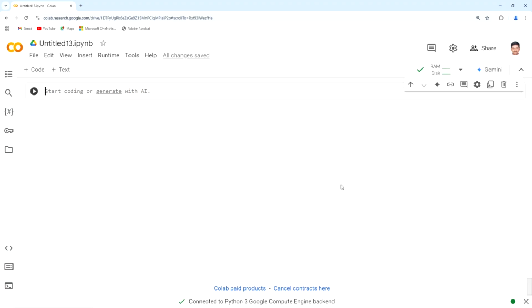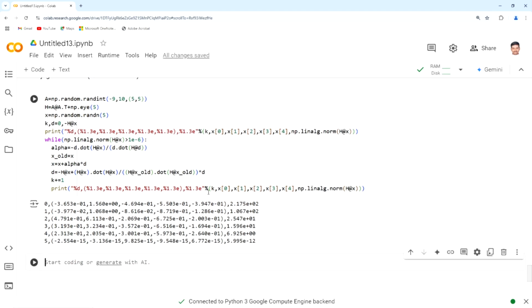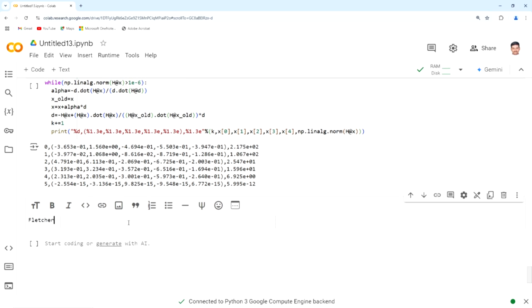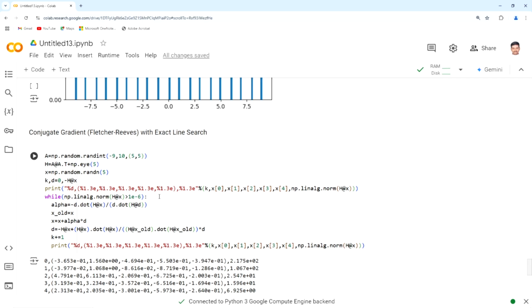Okay. So, since I have the frameworks developed from the previous codes, I will use them straight away here. So, I am going to now illustrate Fletcher-Reeves for general functions. These headings help us to understand what the codes are for, since we have written quite a bit of codes before, right.